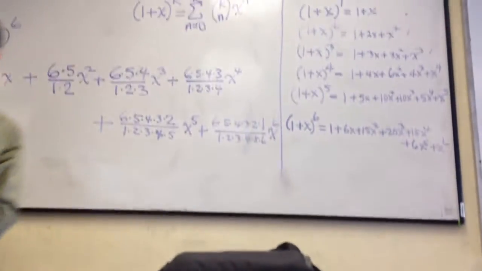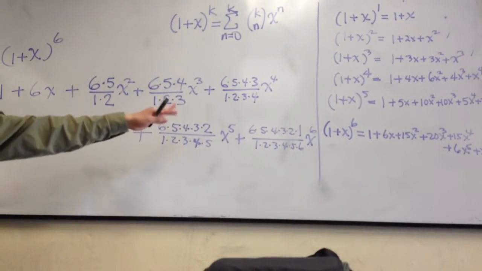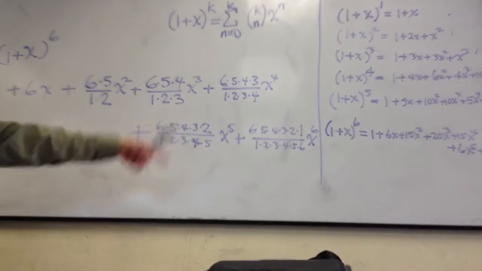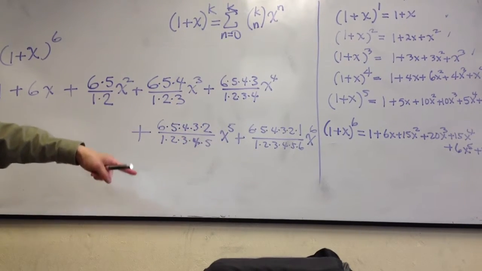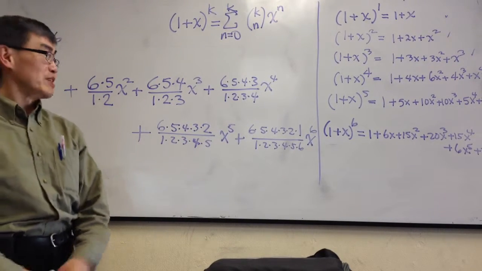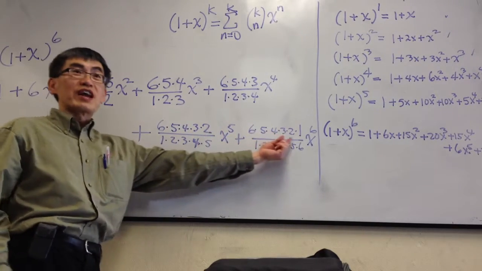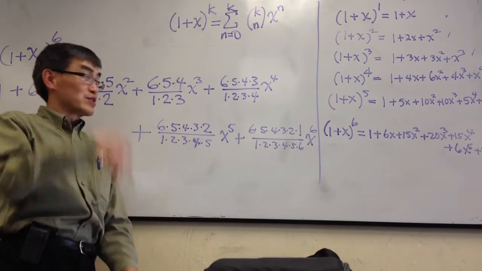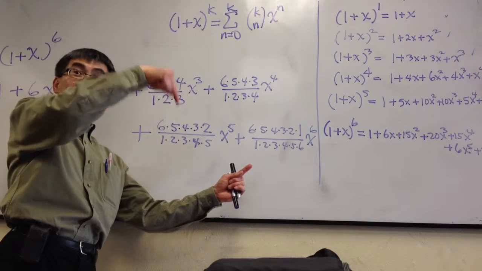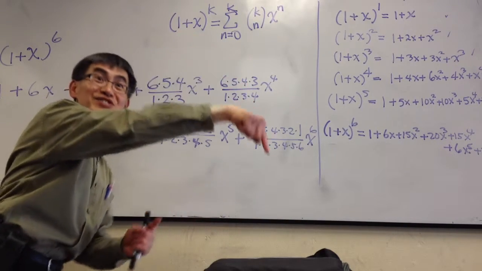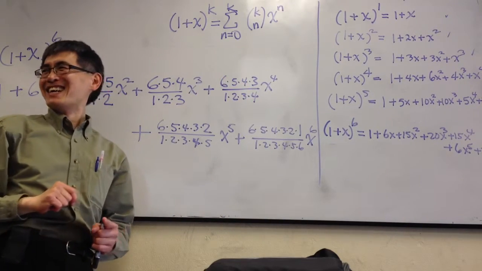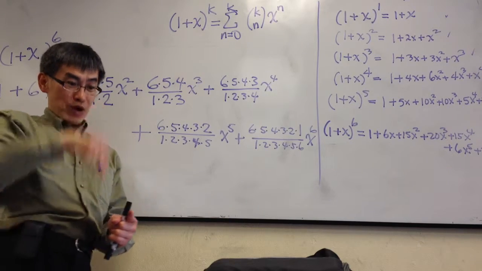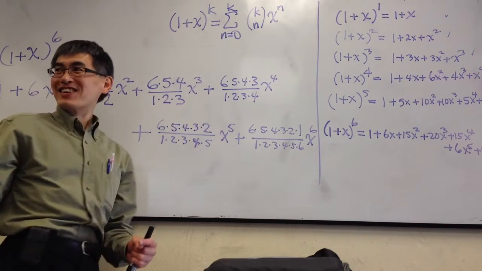Now, if you were to naively follow this trend, what do you think the next term should look like? Every time you have one extra factor, so you have 6, 5, 4, 3, 2, 1, and then 0, over 1, 2, 3, 4, 5, 6, 7.